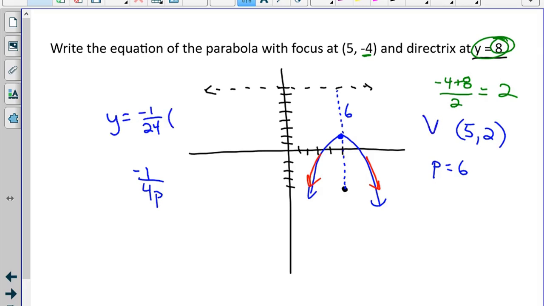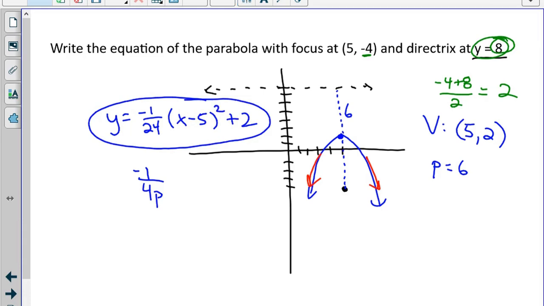Since my vertex is at (5, 2), that means I have negative 1/24 times (x minus 5) squared plus 2. So that's something that I learned way back in a previous chapter.